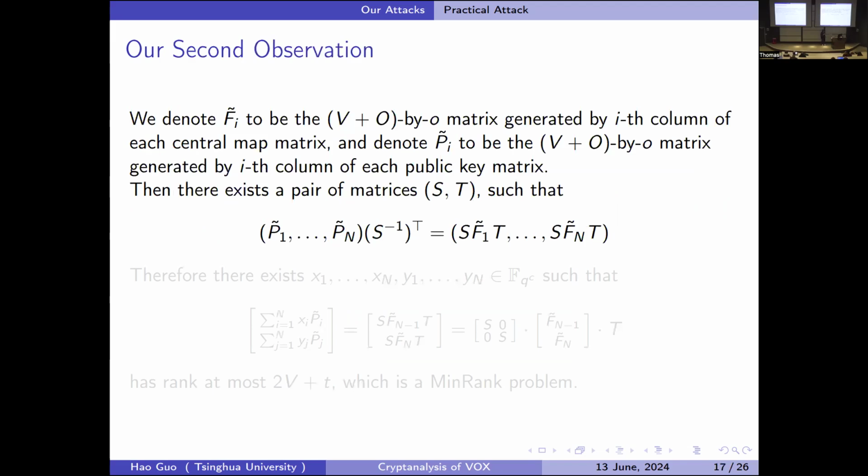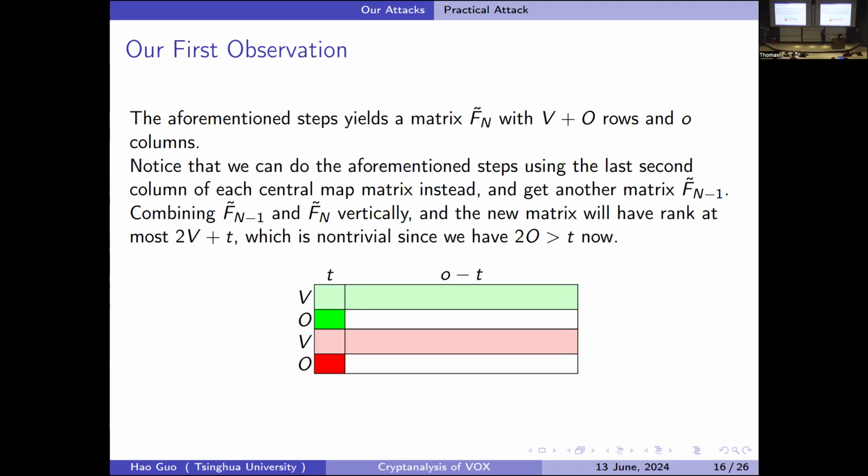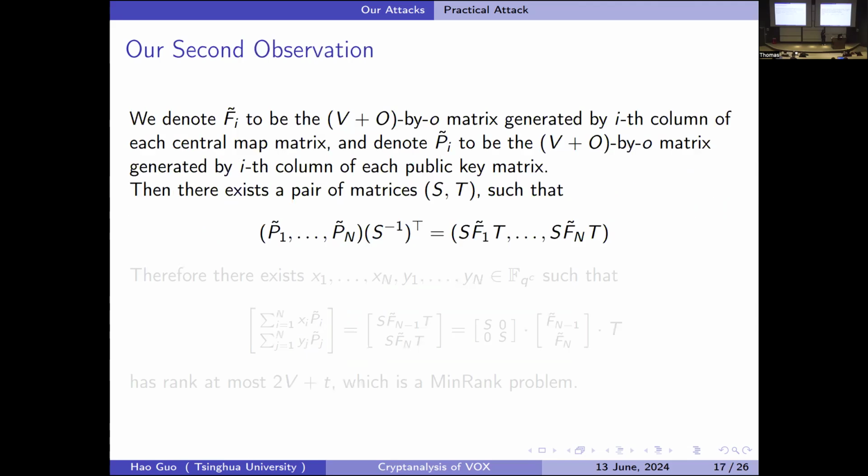And we are using the central map matrices to construct the target matrix we want, and to change it into a problem about public matrices, we need to use a formula which shows that the transformations of the rows and columns of the public key and the secret key are consistent, which means we can find such a pair of S and T such that this equation holds.